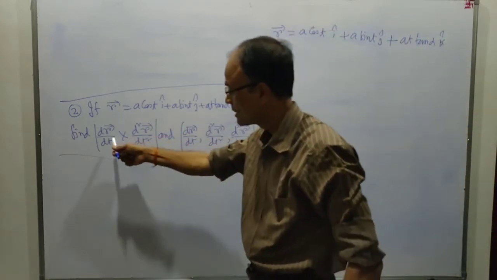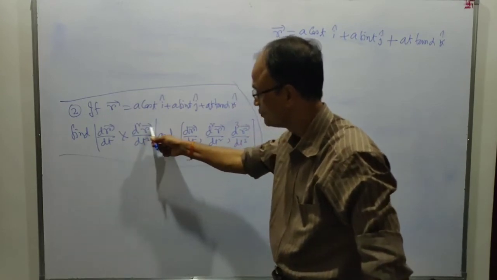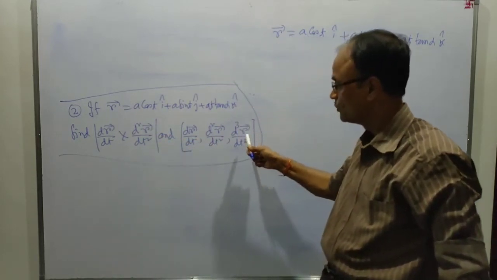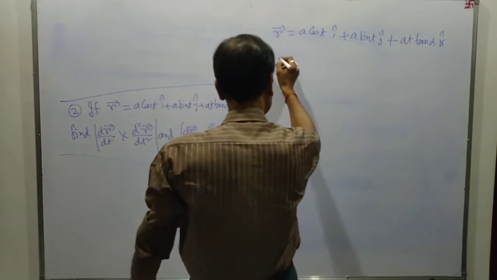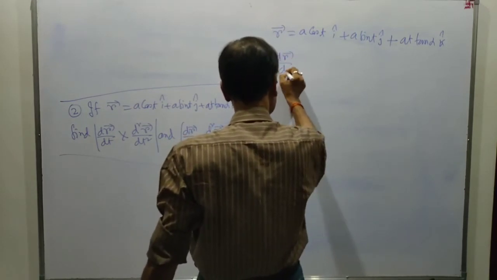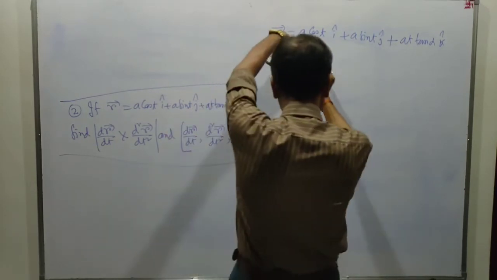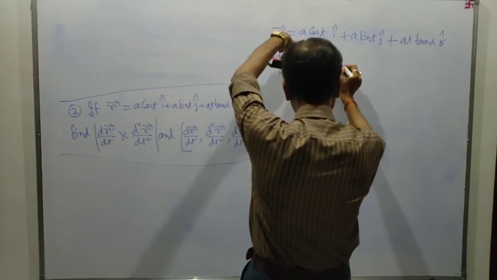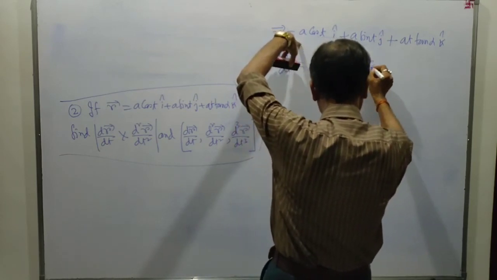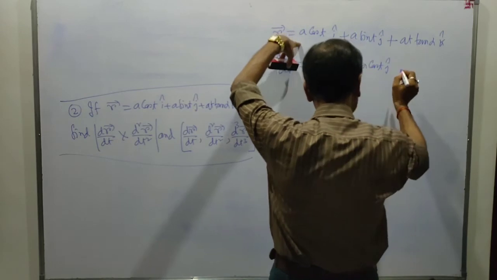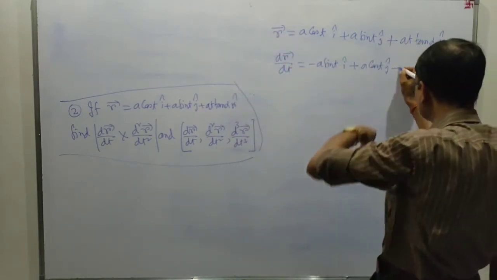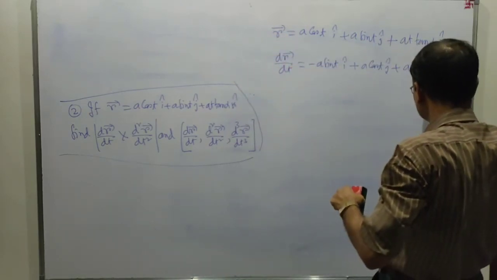We are to find dr bar by dt, d2 r bar by dt square, and also d3 r bar by dt cube. dr bar by dt equal to, differentiating with respect to t, minus a sin t i cap plus a cos t j cap plus a tan alpha k cap.